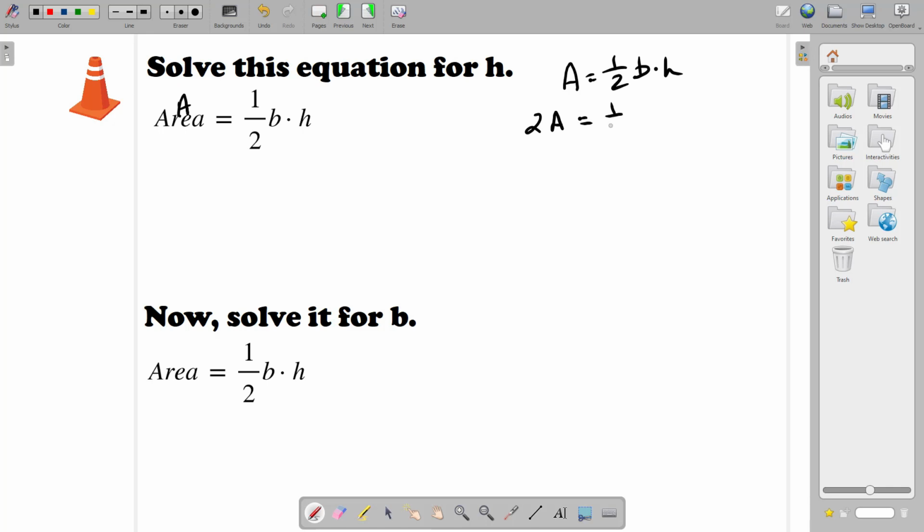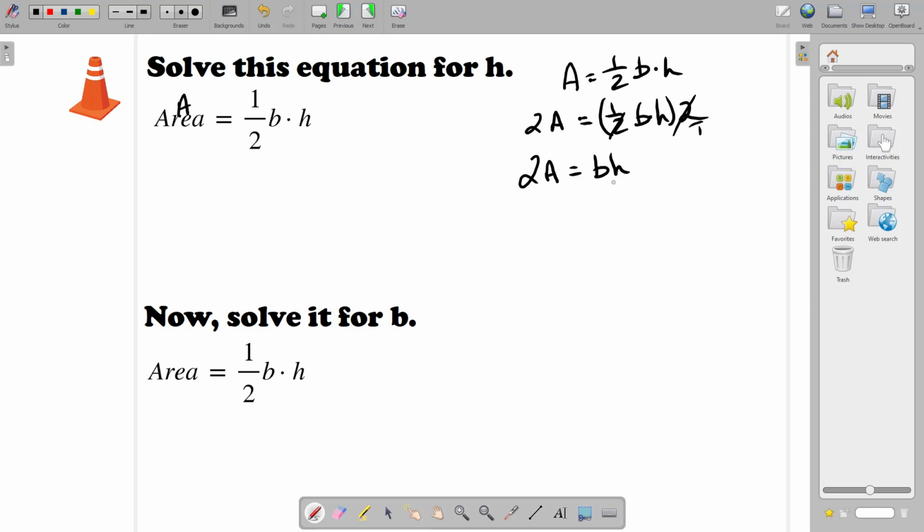And if I take 1/2 b times h and multiply it by 2, this will cause these 2's to divide out, because that's really 2 over 1. So 1/2 times 2 over 1, the 2's divide out. I'm left with 2a equals b times h.